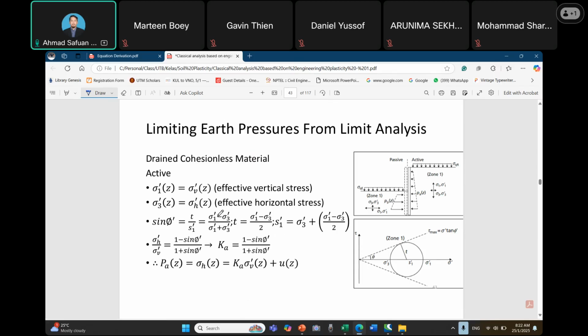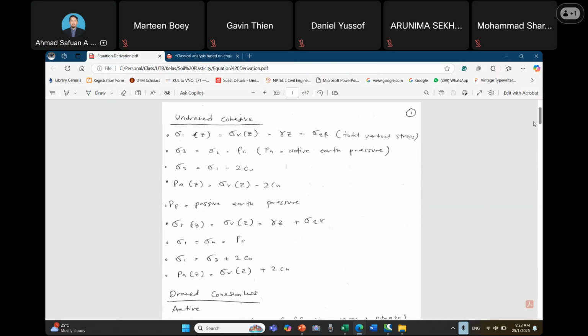So if we look at this one, sigma 1 minus sigma 3 is the T, over sigma 1 plus sigma 3. In order to get this equation, we first need to understand what T is. So I have put in this explanation.